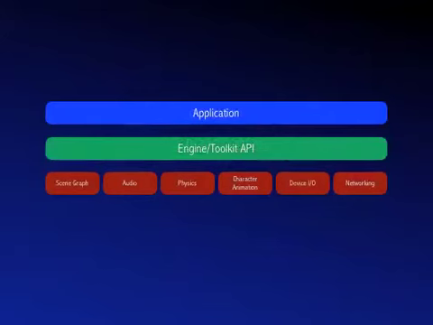So think about how this is built today. This is just a simple block diagram of a typical modeling and simulation application. The application is in blue. It sits maybe on top of some engine. It could be a game engine, could be a sim toolkit. It's some application programmer's interface. And underneath that is a whole set of modules.